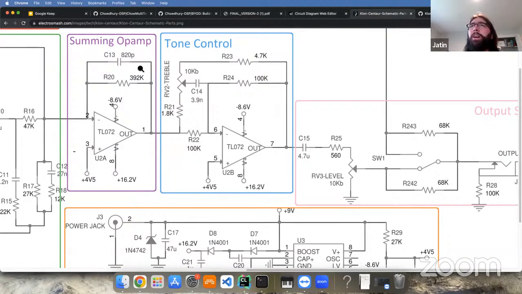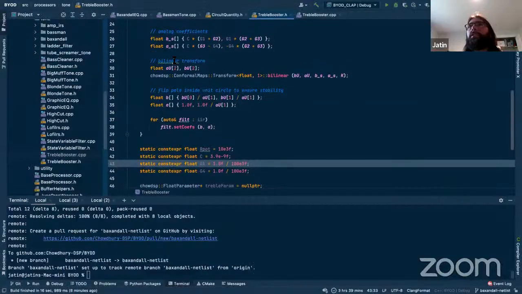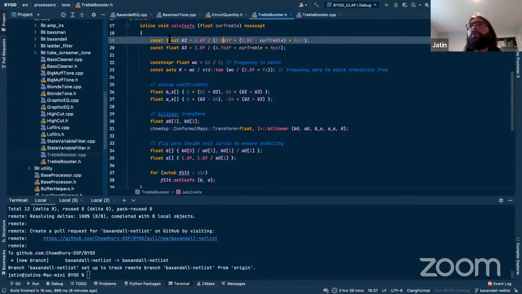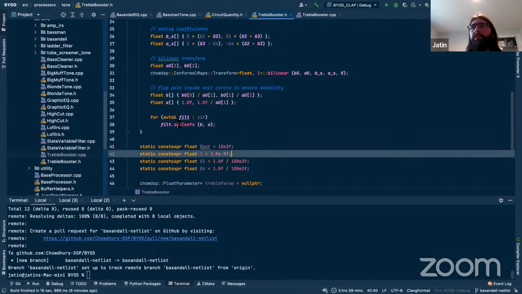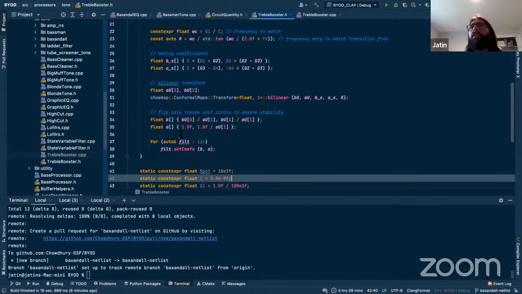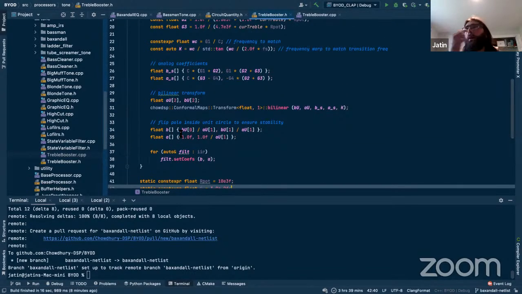So we've got the positive half and the negative half. We've got our 1.8 and 4.7, which are floating around somewhere here. And then we've got C, which is the capacitor at 3.9.